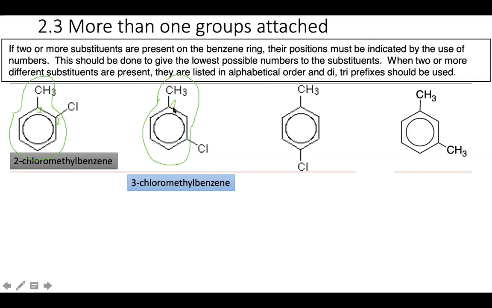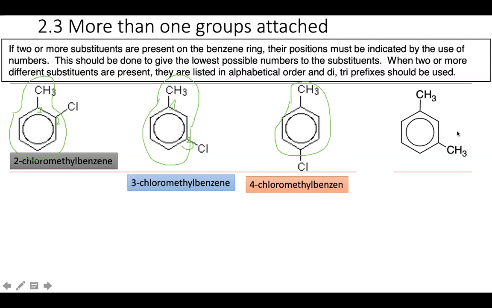Okay, so this one automatically becomes number 1, 2, 3. If you start counting from the left, then you will get chlorine sitting on carbon number 5. Next one is 4-chloromethylbenzene. I missed an E there. Okay, so your principal chain is your methylbenzene.